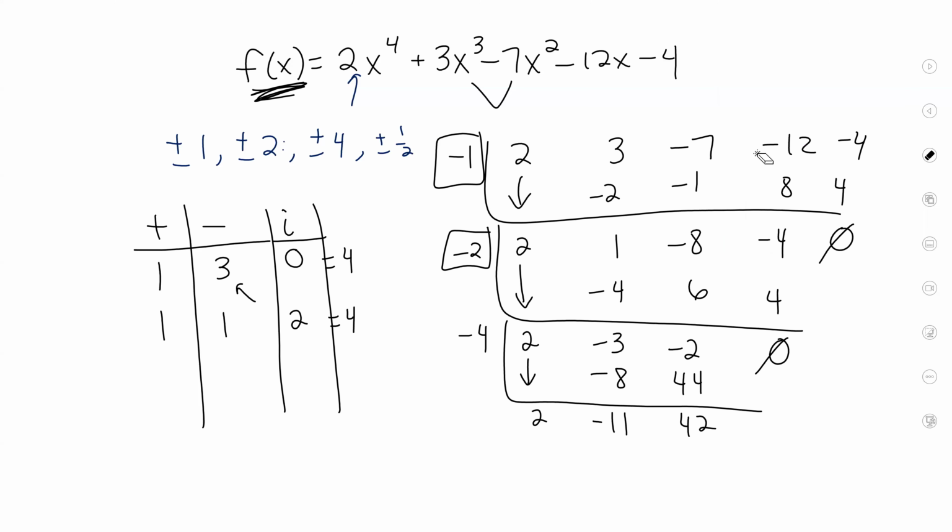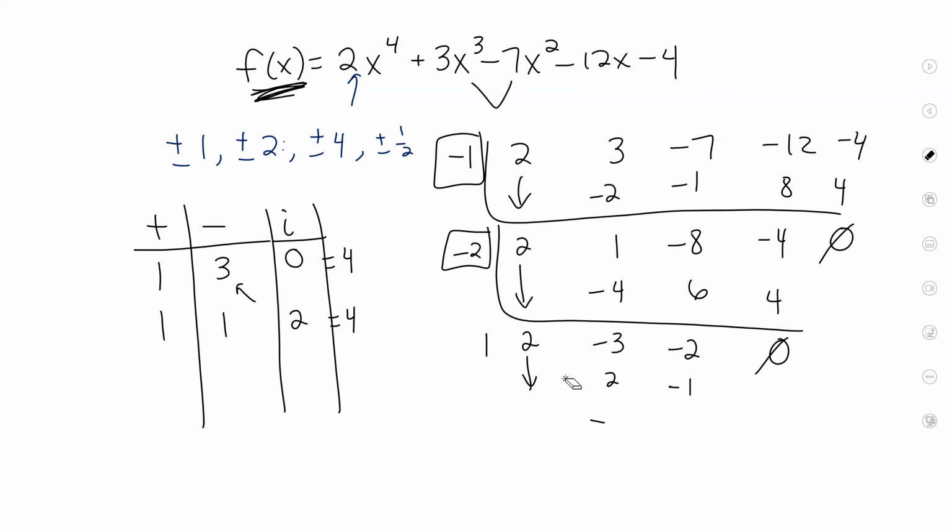Okay, so -4 is not an answer. I might give up here and just do factoring. Let me try one more. I'll try 1. Let's just do that. 2, 2, -1, nope, I didn't get it. Okay, I'm just gonna go ahead and factor now.